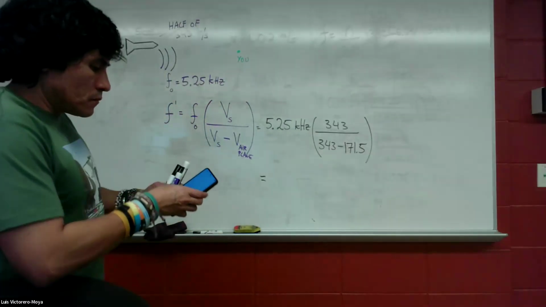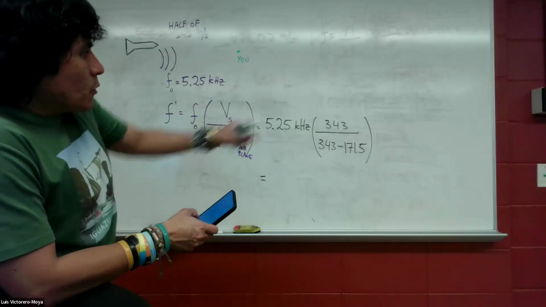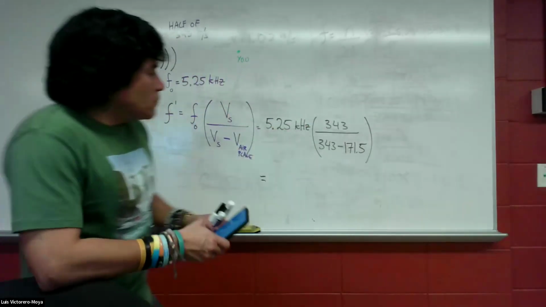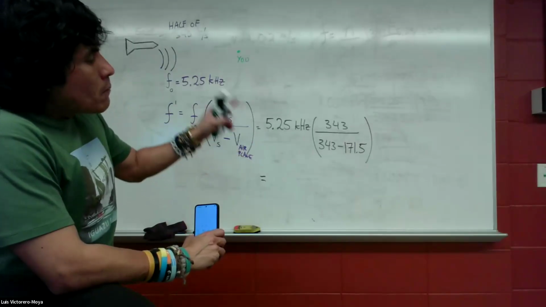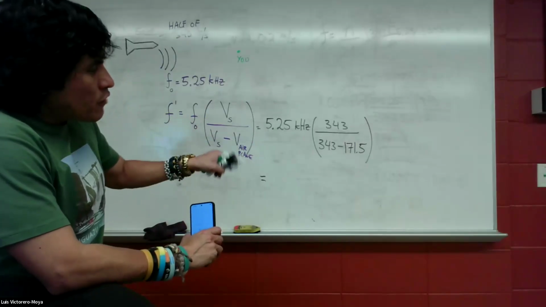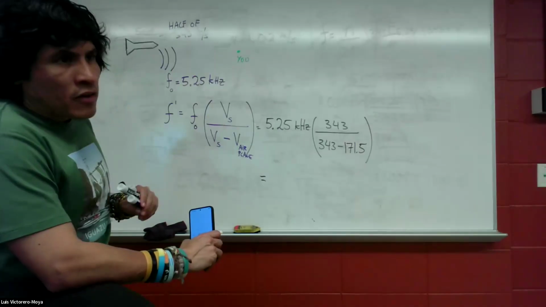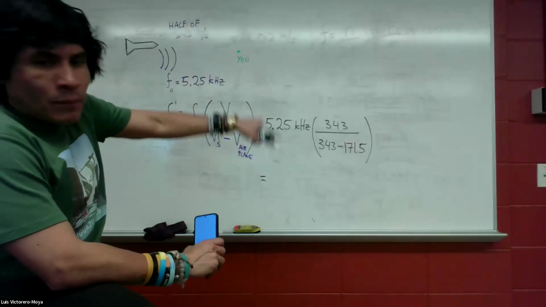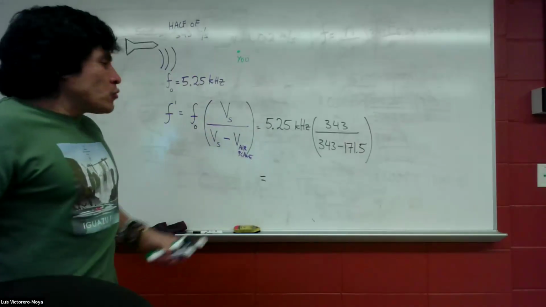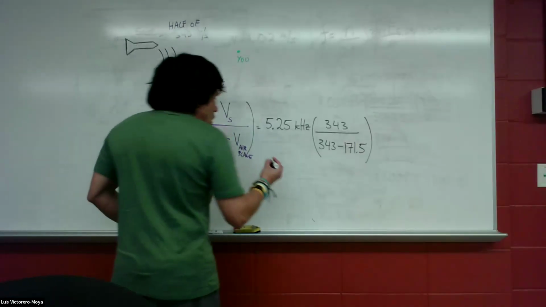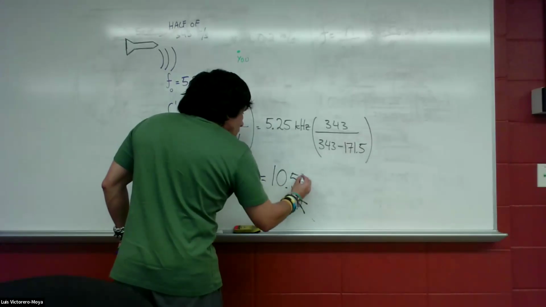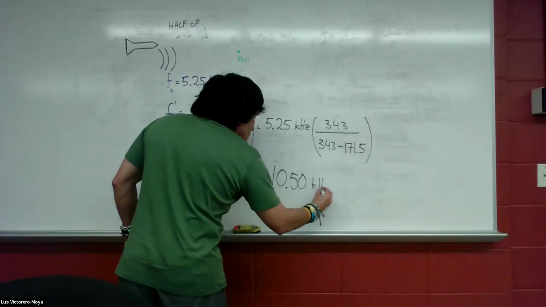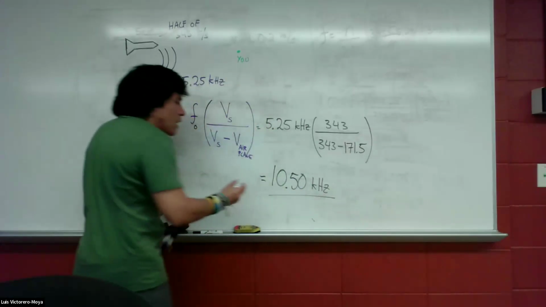That will be 2. This is 2, because 343 minus 171.5 is 171.5, and 343 is double 171.5. So all the parentheses is 2. 2 times 5.25 is 10.50. So 10.50 kilohertz is double. Makes sense because the airplane is traveling at very high speed.